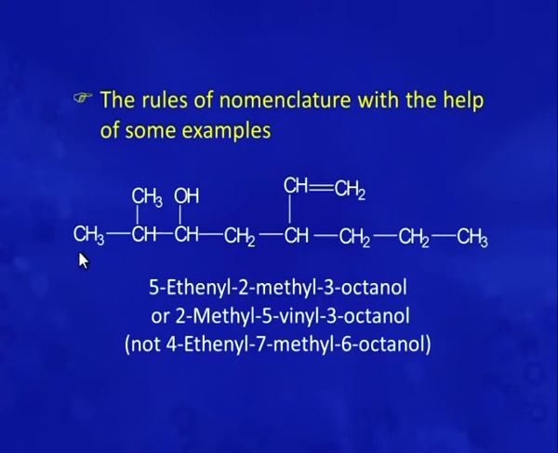The main chain starting from here, the name given to this molecule is 5-ethenyl 2-methyl 3-octanol, or this ethenyl group can also be named as vinyl. In that case, we will say that 2-methyl 5-vinyl 3-octanol is the name of this molecule, but the name given is not 4-ethenyl 7-methyl 6-octanol.